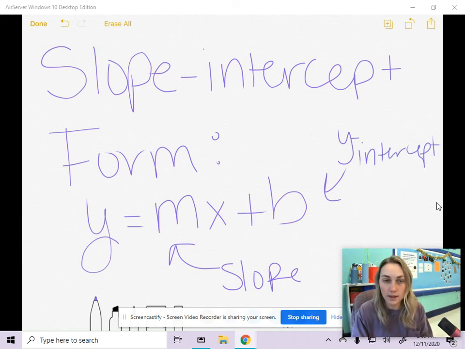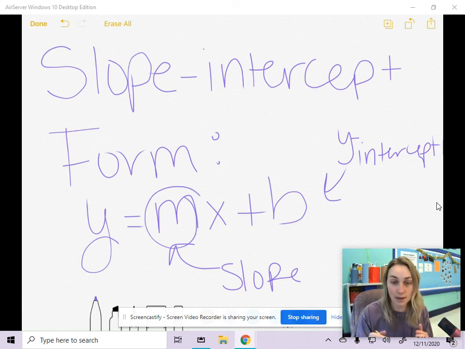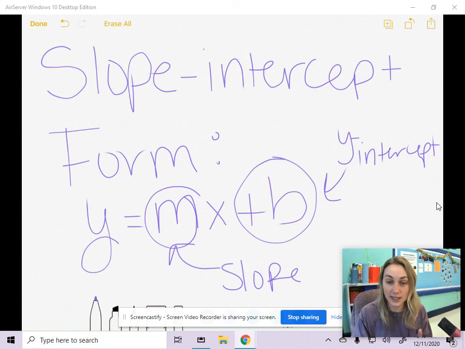So when you have a table or a graph, there are 2 things you need to find. The first thing you need to find is the slope. The second thing you need to find is the y-intercept. Once you find those, you can put them into this equation, putting the slope where the m is and the y-intercept where the plus b is, and you'll be good to go. And that will be your answer.